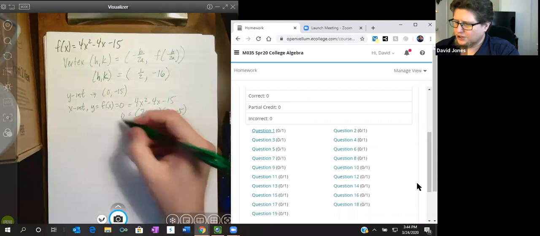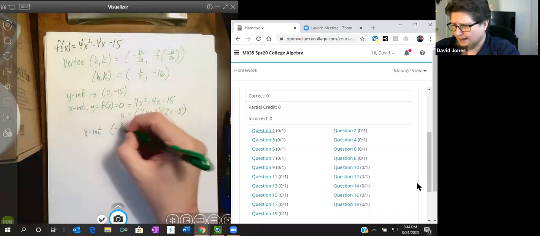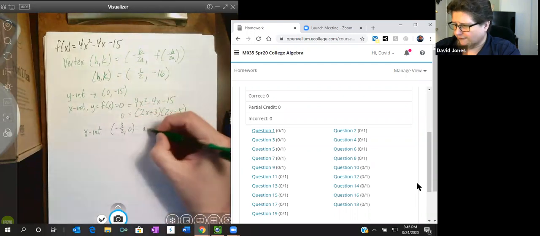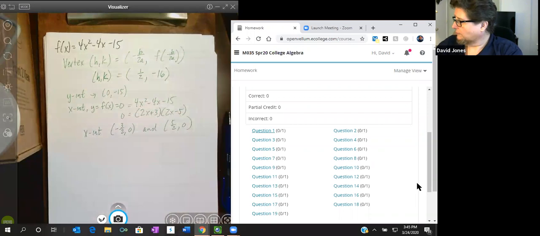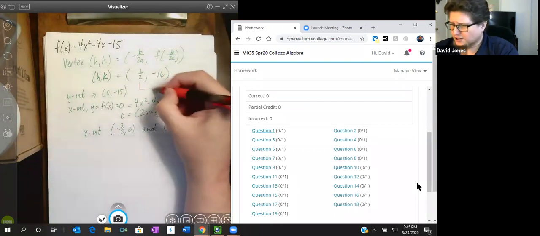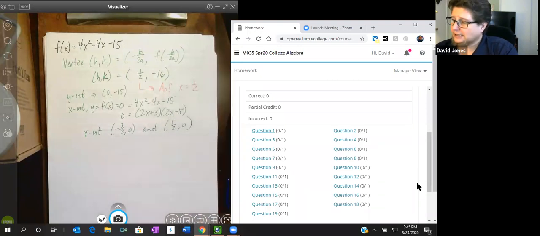And this is going to get you x-intercepts at (negative 3/2, 0) and (5/2, 0). That gives us our axis of symmetry, x equals 1/2. And go ahead and graph it.